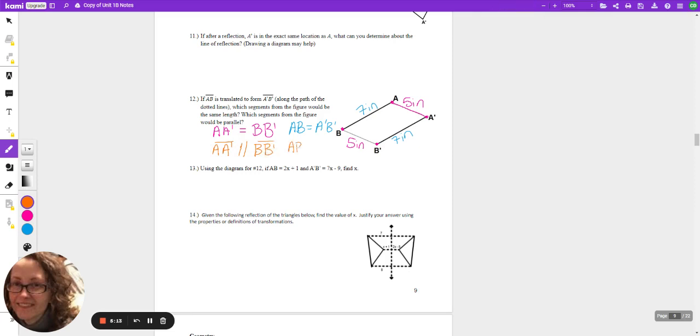And AB is going to be parallel to A prime, B prime. Again, that's because we are following the same direction when the objects are moved, so we're going to create some parallel lines there.